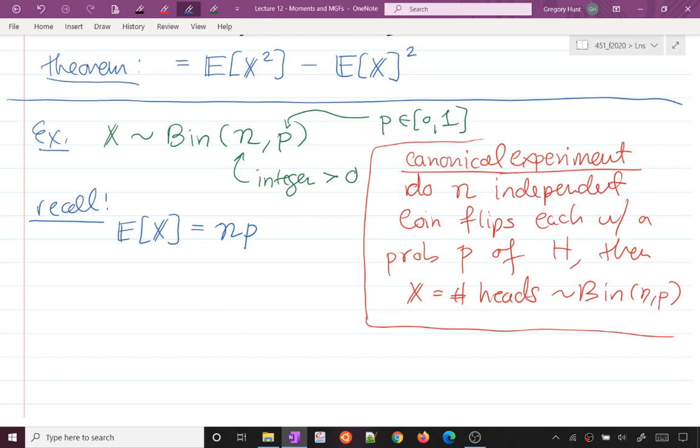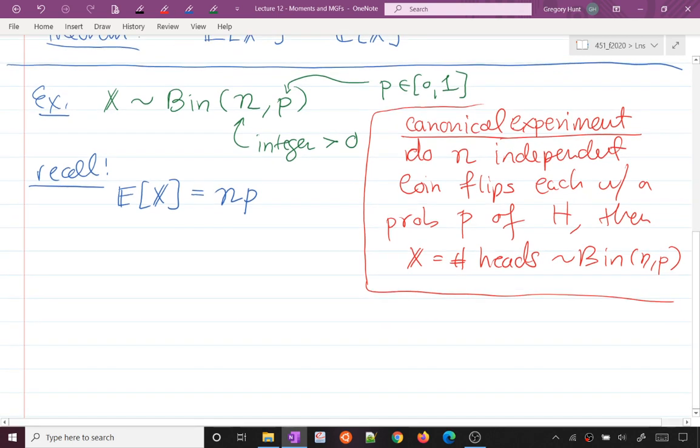If I do 100 coin flips and the probability of getting heads on each flip is 1 over 100, I expect on average to get 1 out of those 100. If I have a probability of 1/2 of getting heads on each flip and I do 10 coin flips, I would expect on average, or in expectation, to get 5 heads. All right, so it's just n times p.